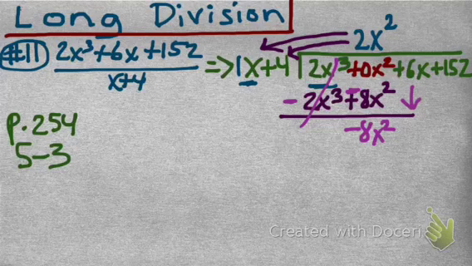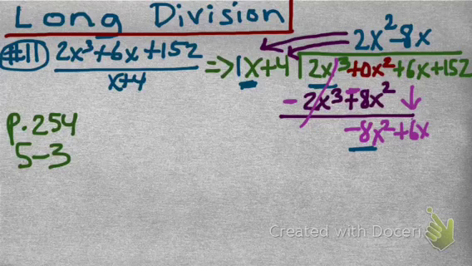I'm going to bring down that 6x term and start again. I have a new first term, so I'm looking for how to get negative 8x squared from just 1x. I need another x to get x squared, so I'll come over here in my x column, and I also need a negative 8 for the coefficient, so I'm going to multiply by negative 8. I've chosen him, now I'm going to use him to multiply him out front.